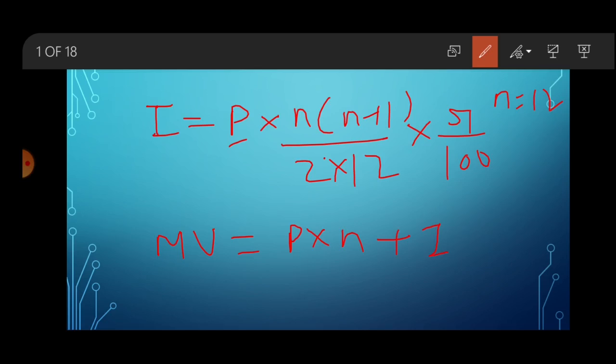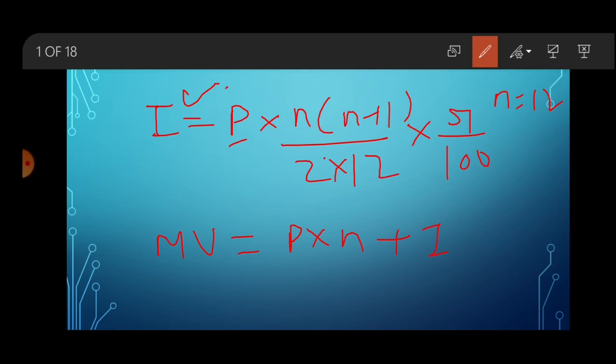The bank will give you some rate of interest. It can be 6, 8, or 10. That is your rate of interest. You put all the values in this formula and you will be able to calculate the interest.